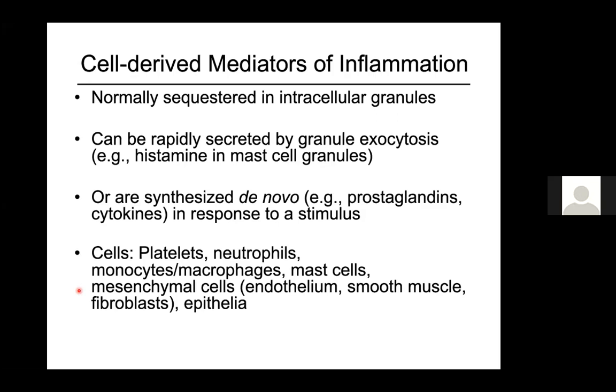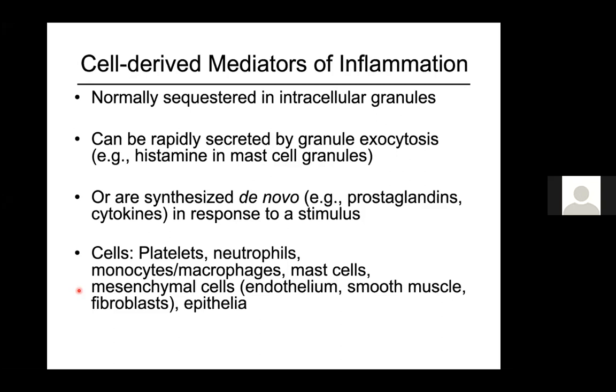So some of these could be genes that code for some of these cytokines. They now become activated at this phase, and then that's when you get the cytokines being produced, okay? So it's not like you have granules that already have the preformed cytokines. These ones are synthesized anew.